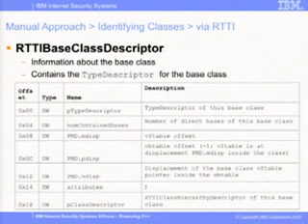So this is the base class descriptor. Each base class descriptor will contain a type descriptor for that base class, and it contains the VF table offset. It will also contain the VB table, which we'll discuss on the next slide.